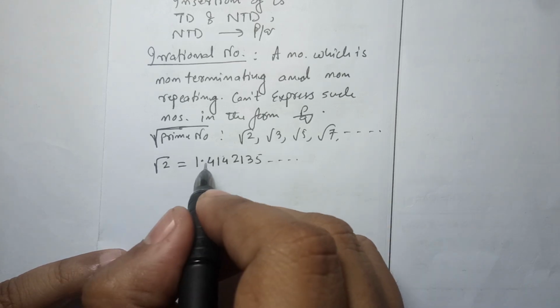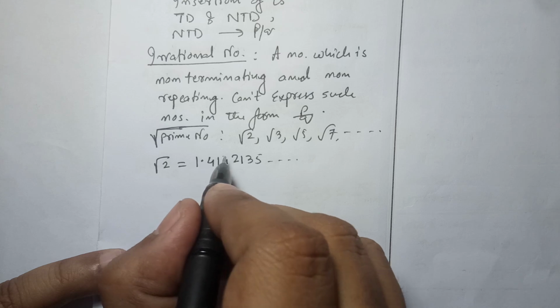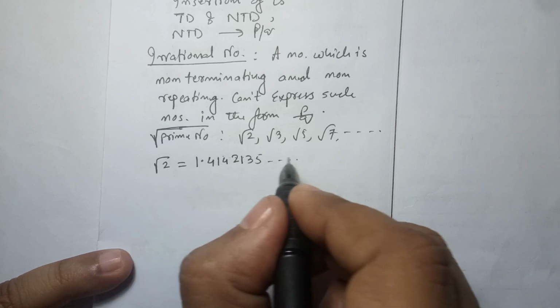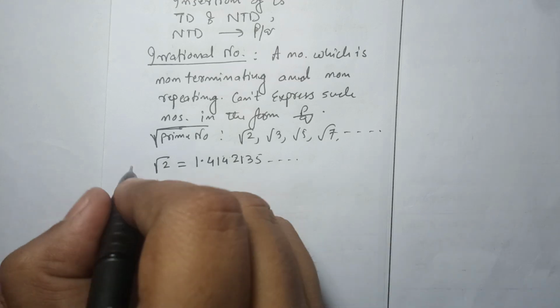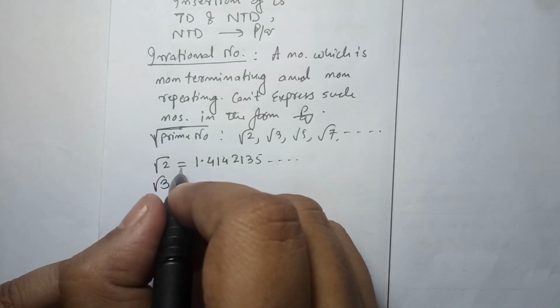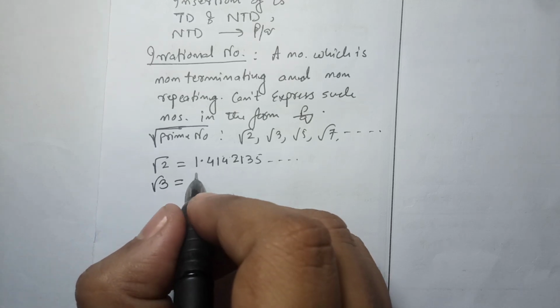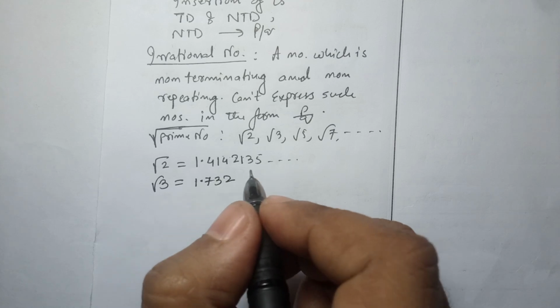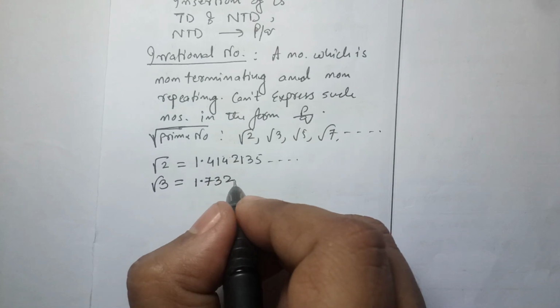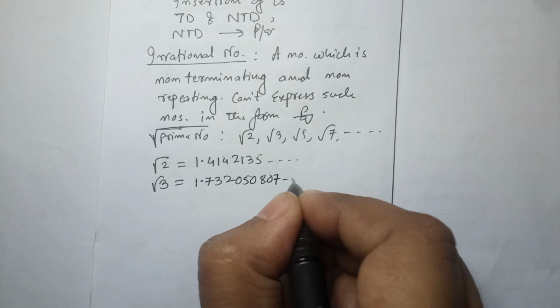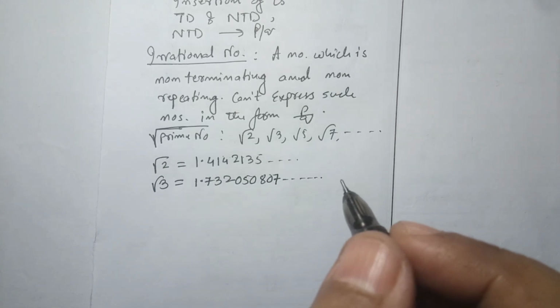No block is repeating. There are no repeating blocks. Similarly, root 3 can be written as 1.732050807 and it will continue.